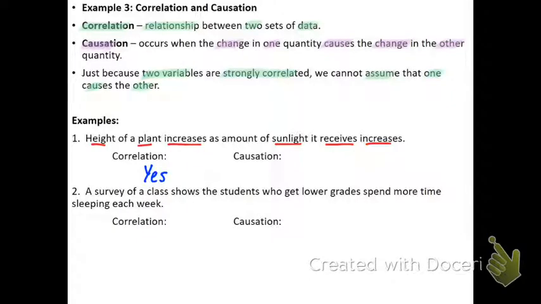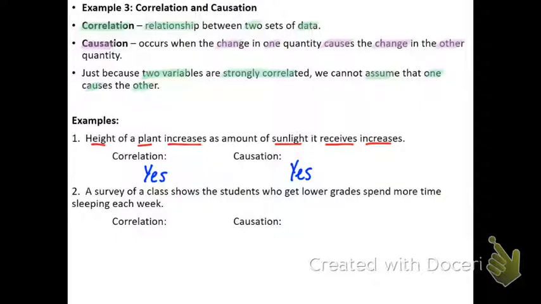As one increases, the other increases as well. And then the causation here. Do we know that sunlight causes plants to grow? Yes. That's called photosynthesis and chlorophyll and all that stuff. So we know that sunlight causes plants to grow. So this would be correlation and it would be causation. Sunlight causes plants to grow.